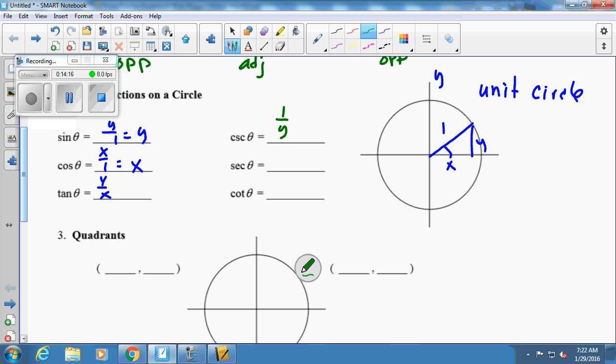And secant? And cotangent? X over y. Kind of nifty. So what happened was they put this triangle in there and they saw all these relationships between these two fairly unrelated geometric diagrams.